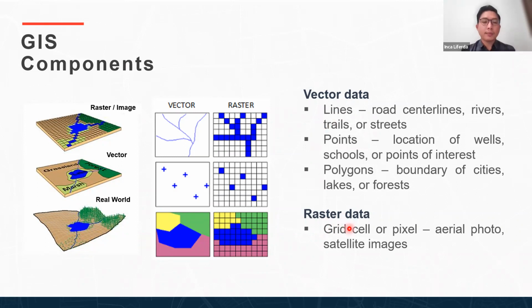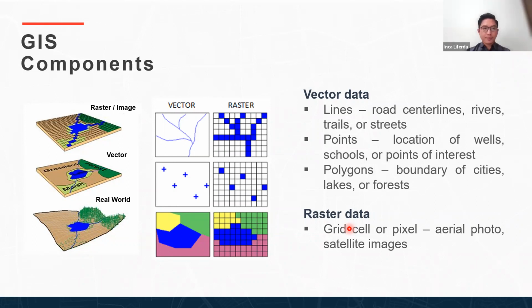The raster data may be aerial photography. We may take a photograph using a drone, or, for example, an airplane, to photograph the Earth's surface.